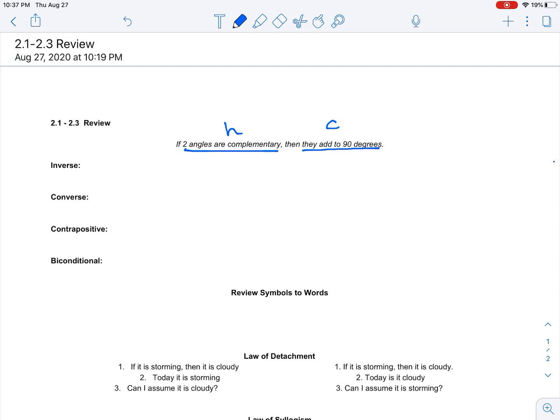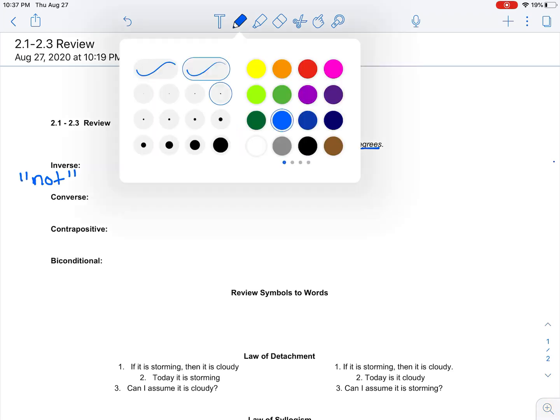All right? So from that conditional statement, we came up with our inverse, our converse, our contrapositive, and biconditional statements. Who remembers what we did to find the inverse? Okay, what do we do to the statement to get the inverse? We negate it or add not. So what's that going to sound like?